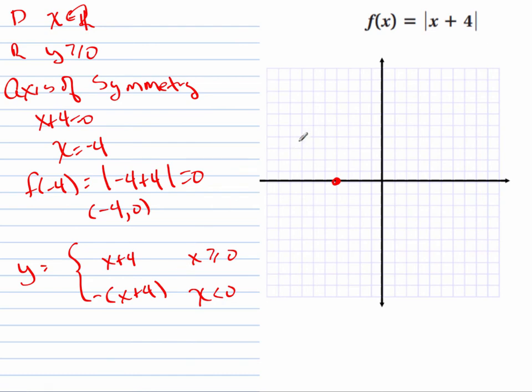So this will be a line with slope 1. We see it has a y-intercept of what? 1, 2, 3, 4, 0, 4.